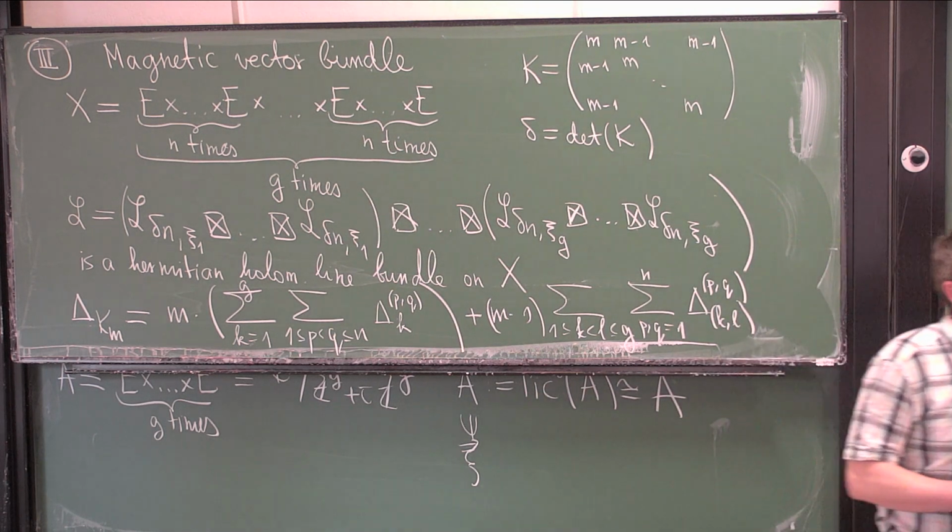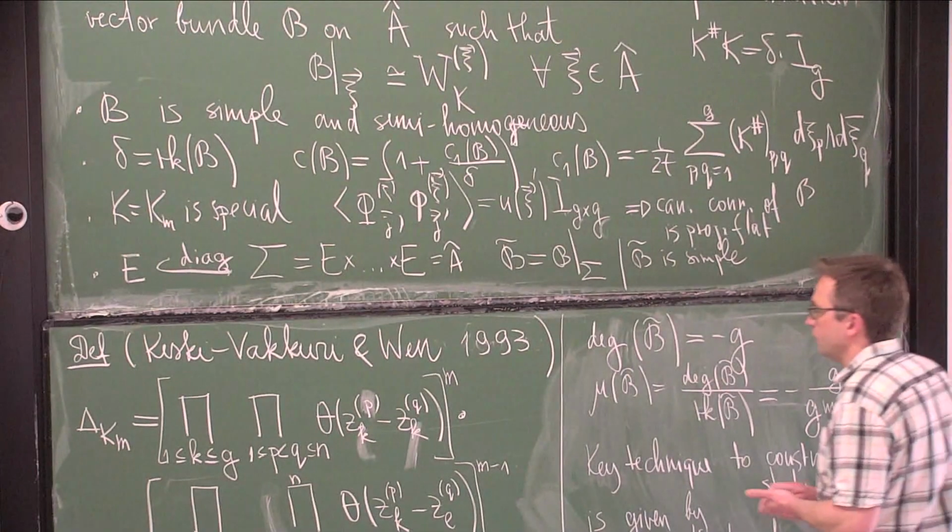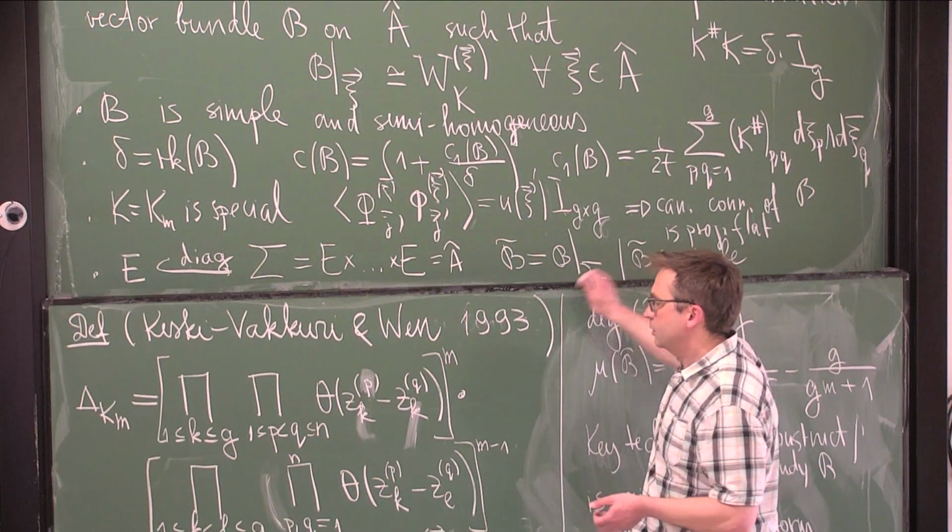One last, very simple question. Does this Wen Hamiltonian and wave function on the torus work for other K matrices? How does it look for other K matrices?